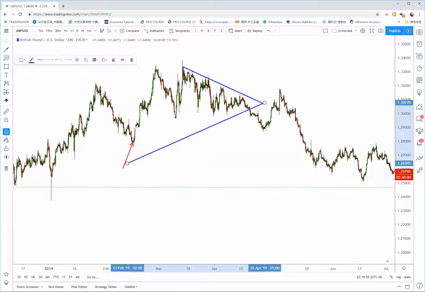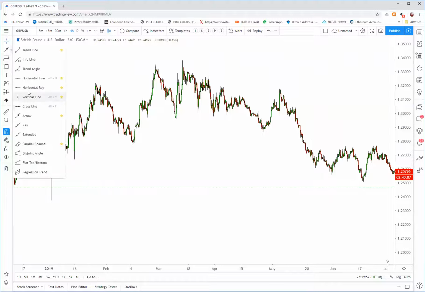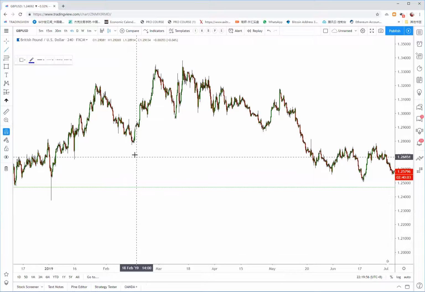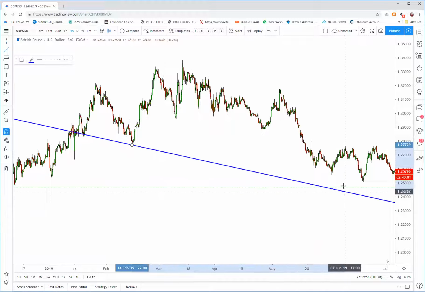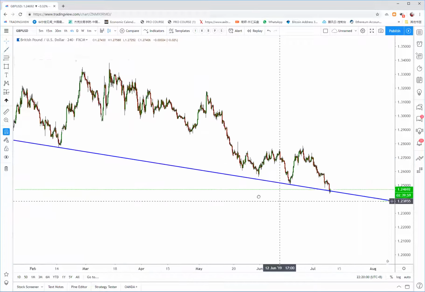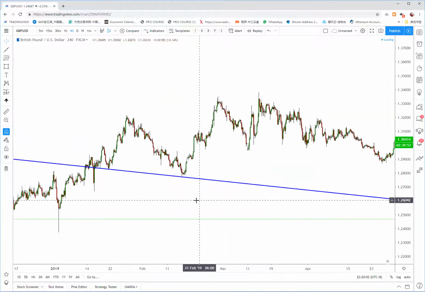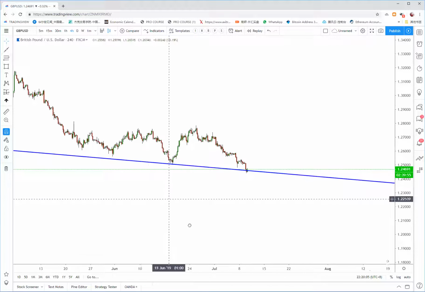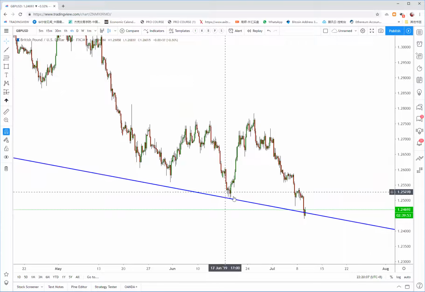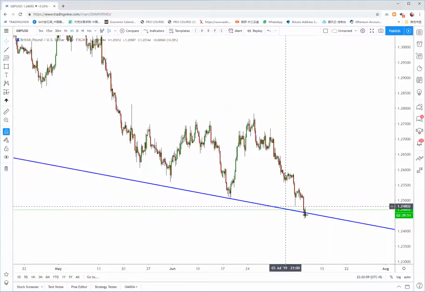From this pivot, let's draw a line. We just use the trend line, extended, and we draw a line from here to here, and you can surprisingly see that it actually becomes the lower part of the support, and today it just hit.